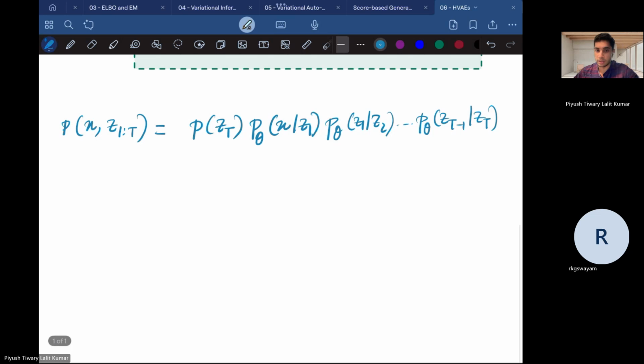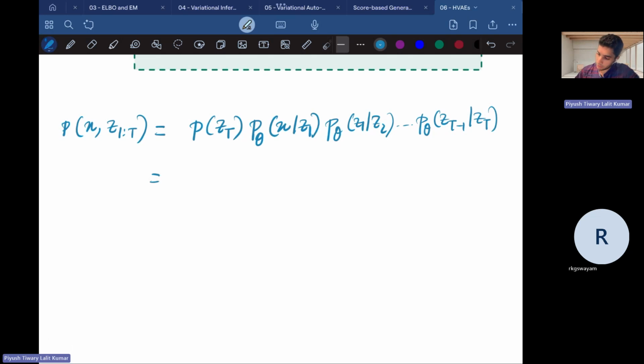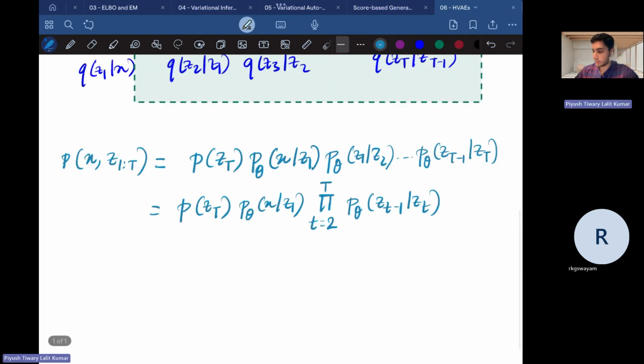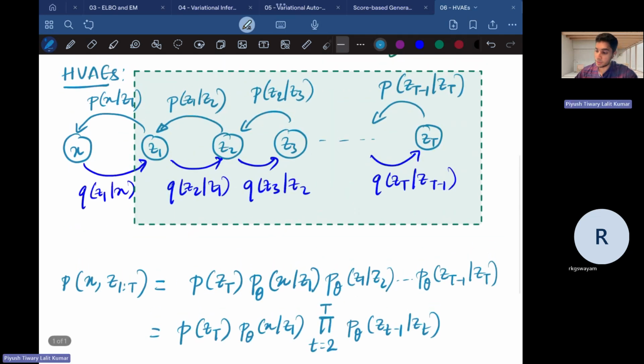You can also write this down as P of ZT, P theta of X given Z1, product of t equal to 2 to capital T of P theta of ZT minus 1 given ZT. I have simply written down the distribution of the generative view, that's all.